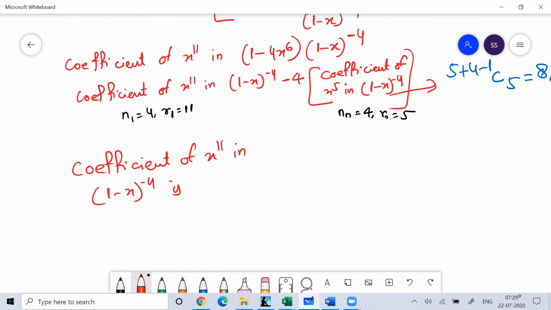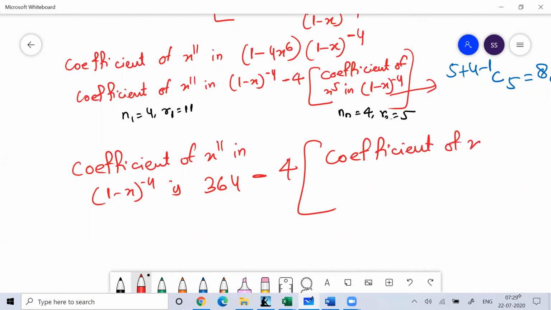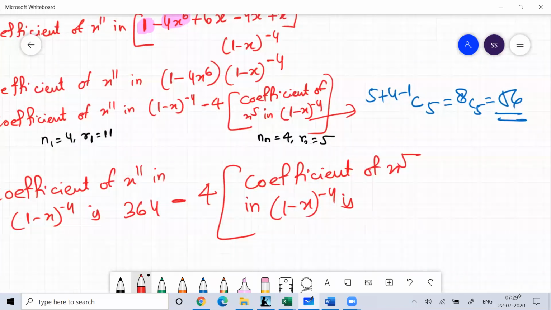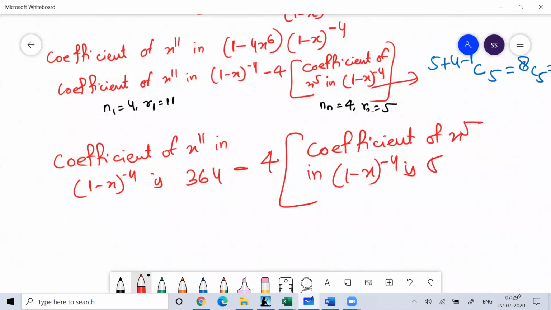So 182 twos are 364, and this minus 4 times of the coefficient of x to the power 5 in 1 minus x to the power minus 4, which is 8c3, that is 56.